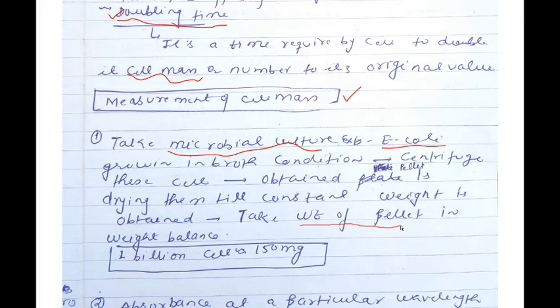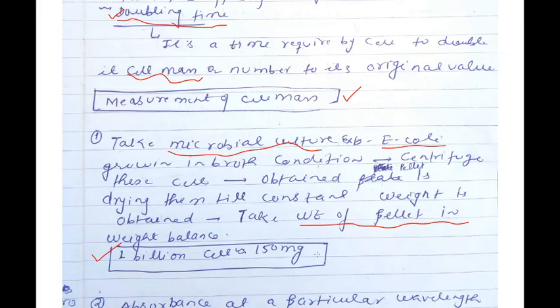Some precautions to keep in mind before measuring the cell mass: first you have to measure the blank weight of the empty tube. It is established through research that 1 billion cells equal 150 milligrams.